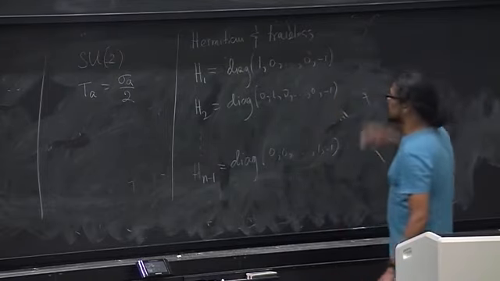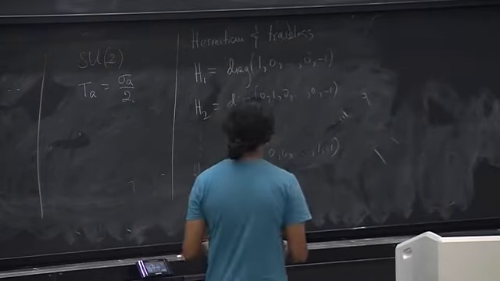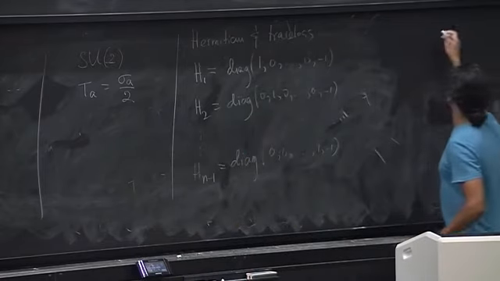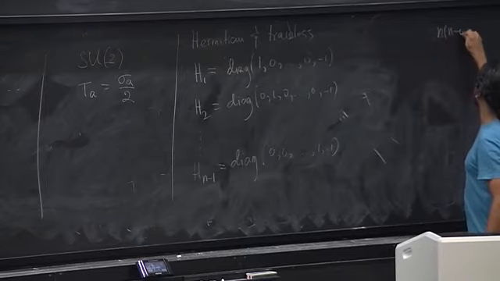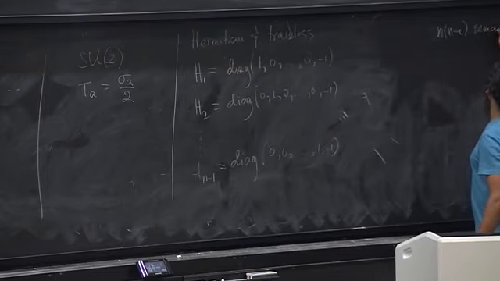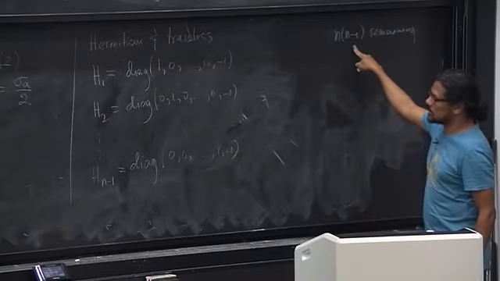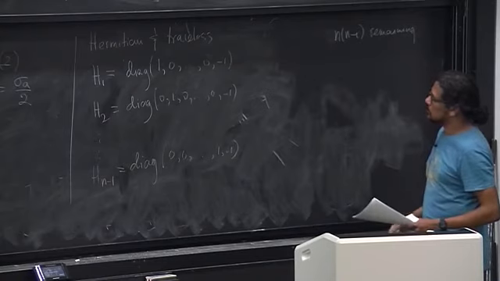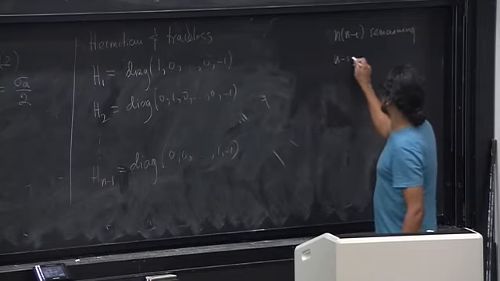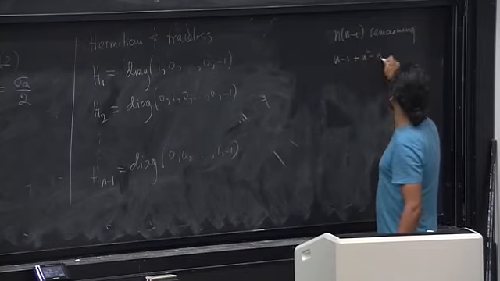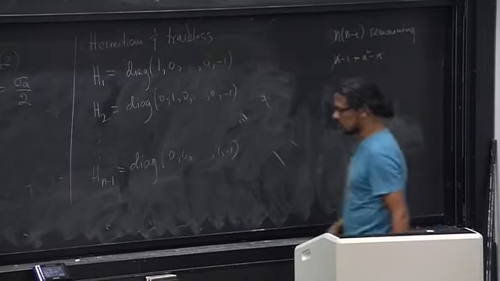So these are n minus 1 matrices. The rest of the matrices, there are n squared minus 1 minus n... so n minus 1 plus n squared minus n, yes, it adds up.